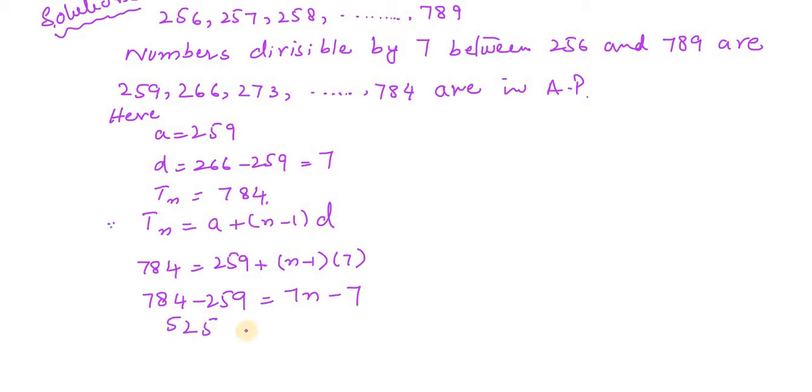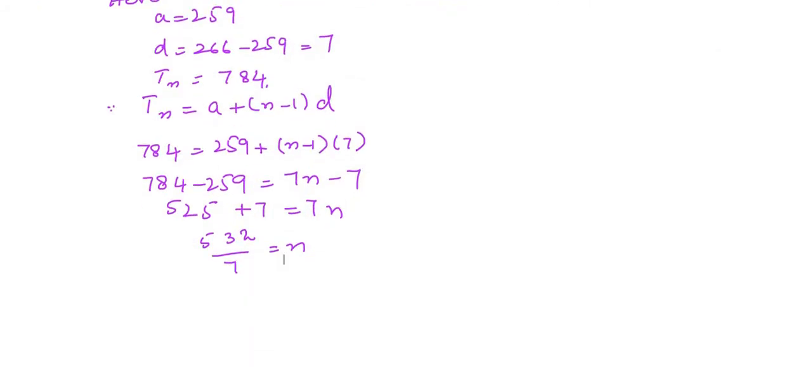This is 525 plus 7 is equal to 7n. So this will be 532 divided by 7 is equal to n, and 532 divided by 7 is 76. The value of n is 76.